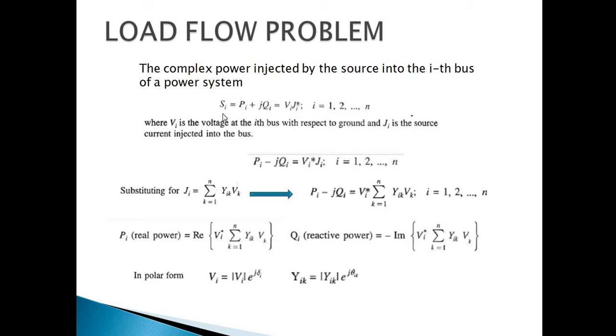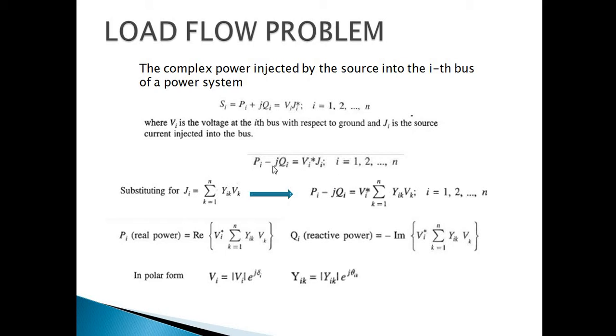Now this is the equation you should keep in mind. This is the basic equation. Vi is the voltage at the ith bus with respect to the ground, and Ji is the source current injected into the bus. So that is that J. Now this is the equation that is being put here, that is Pi.